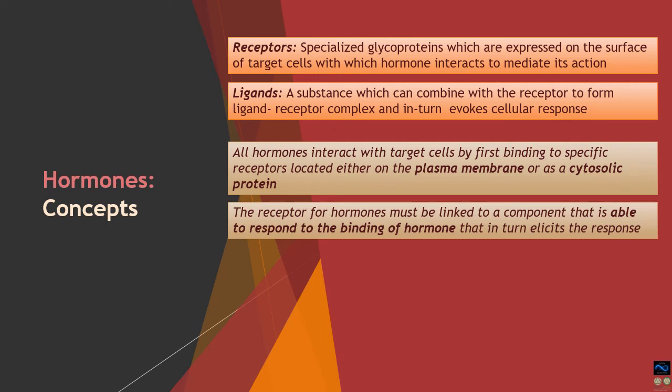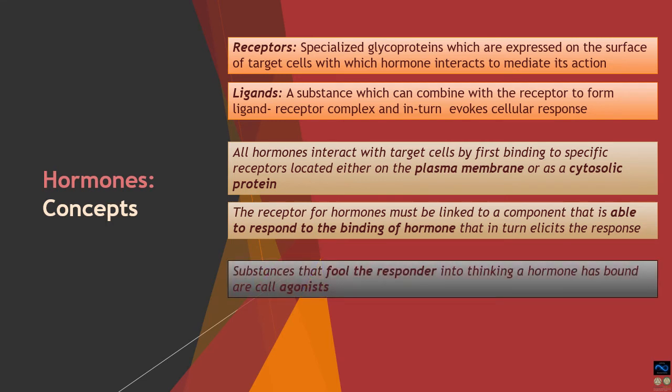The receptor for the hormone must be linked to a component that is able to respond to the binding of the hormone, which in turn elicits the response. Each receptor has certain binding sites where a hormone will bind, and some sites which will then be activated to do the function downstream for the hormone.